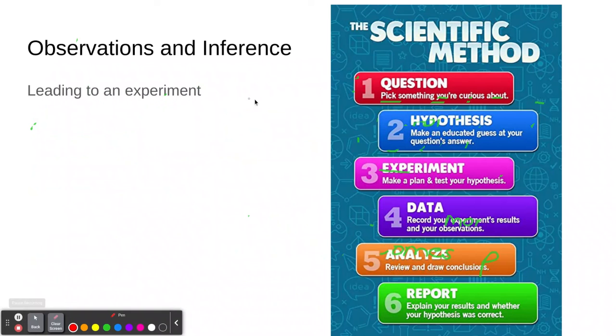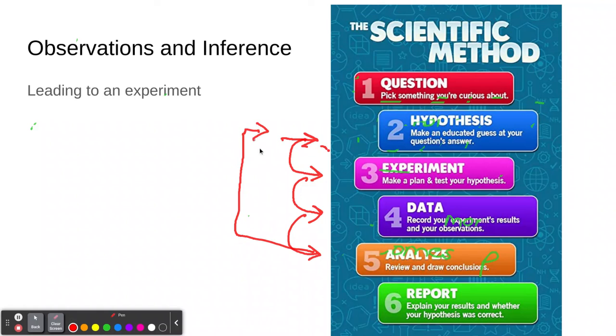Okay, and just to sum it up, again, you're observing something, you're going to infer, you're going to ask a question, and that question is an educated guess. You're going to form an educated guess. That's your hypothesis. You run an experiment with many trials if you can. You record the data. You analyze the data, very important. And if you find that your hypothesis was wrong, well, then go back, form another hypothesis, and do the trials over again.